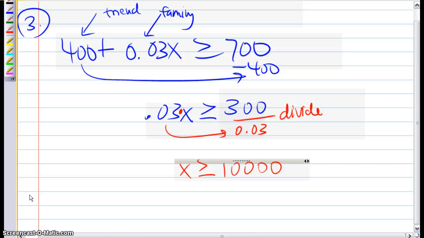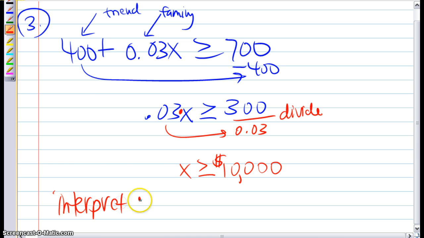Alright, so the label that we're going to have on that is how much he sells. Now when it says to interpret the situation, then I actually have to say, what does this answer mean?